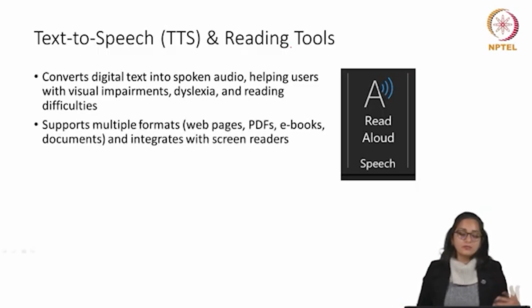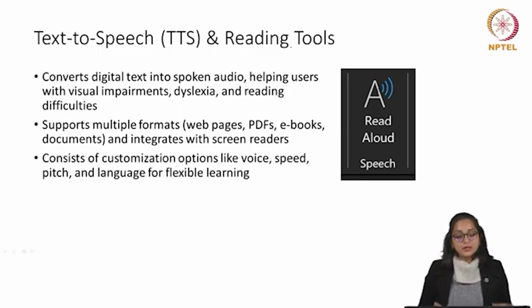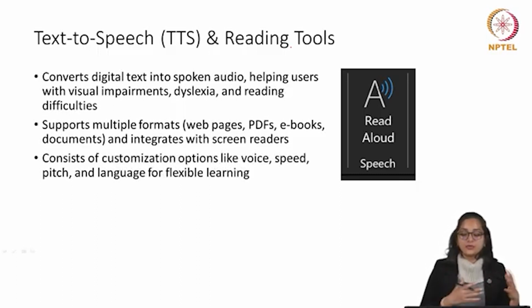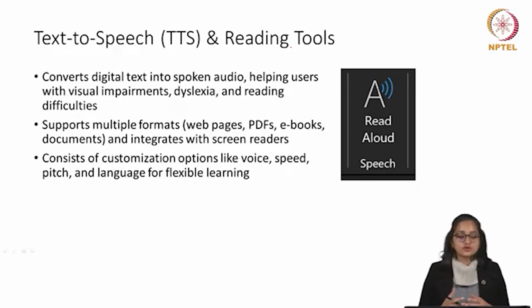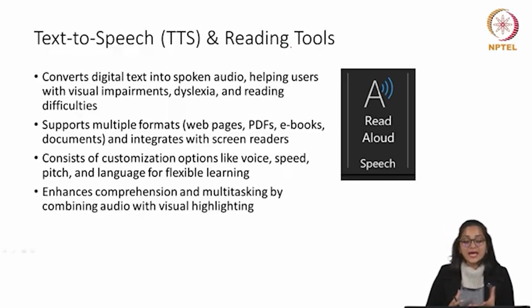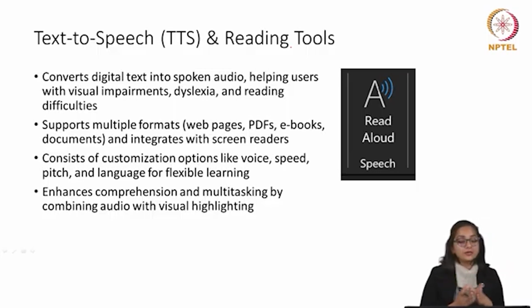It can support multiple formats: web pages, PDFs, ebooks, documents. It integrates with screen readers most of the time. It consists of customization options like voice, speed, pitch, and language for flexible learning. It enhances comprehension and multitasking by combining audio with visual highlighting.